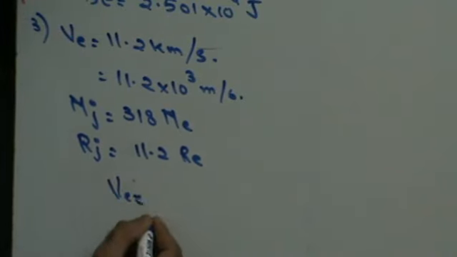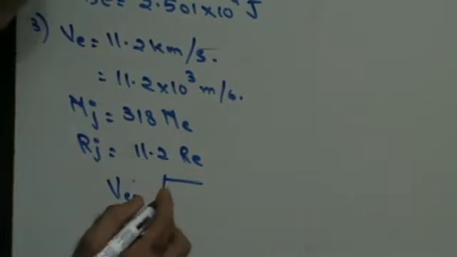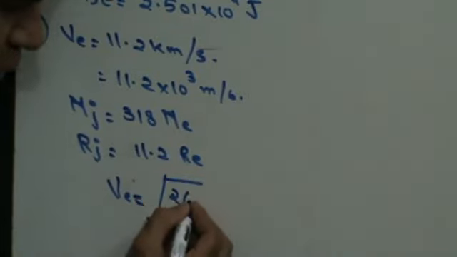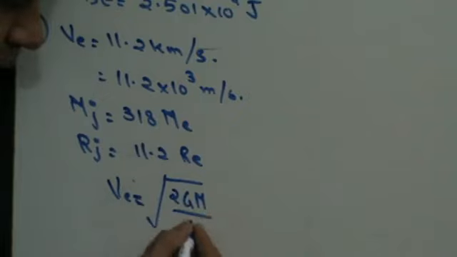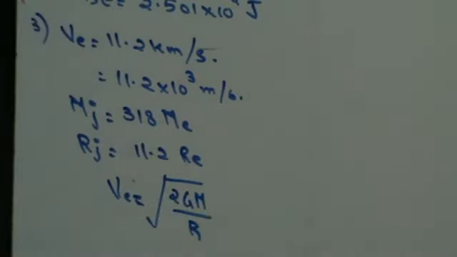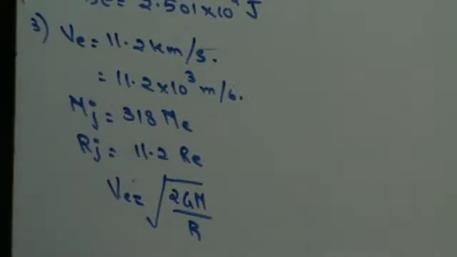Now we know that, guys, escape velocity is nothing but square root of 2GM upon R. Hence, I can say that escape velocity is going to be directly proportional to square root of M by R, because 2 and G are constants.